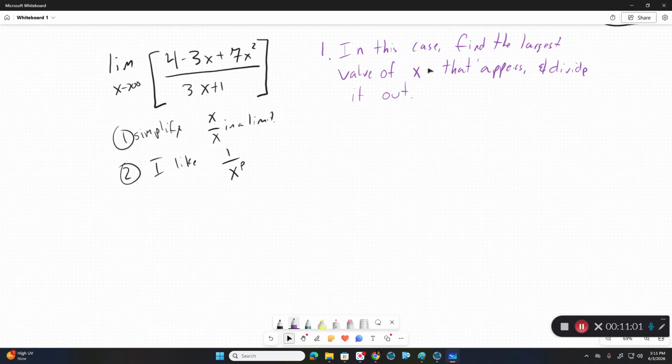That's going to be our guiding principle. So, what is the largest value of x that I see? And by the largest value, I mean largest power of x that appears.